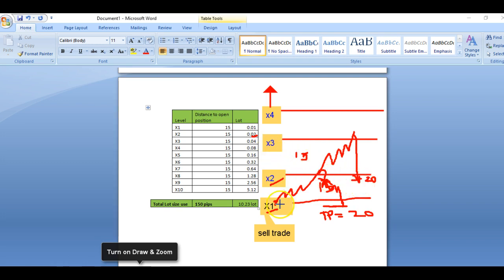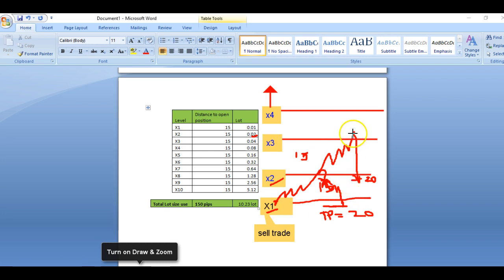So the calculation here will be x3 is earning about 20 pips, and x2 is losing 5 pips, and your x1 will be losing 10 pips.